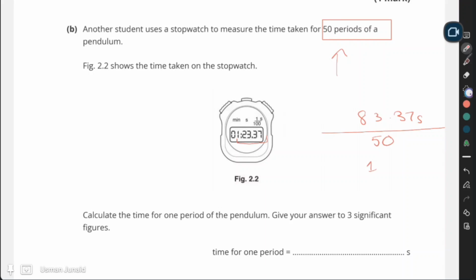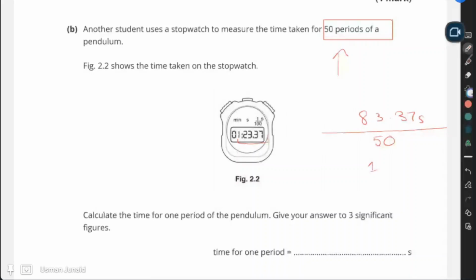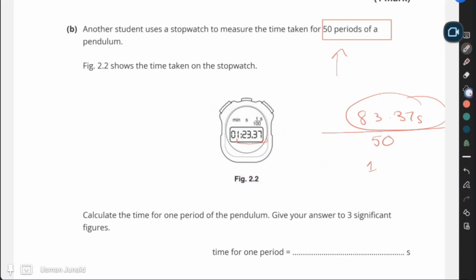What was it in seconds? 83.37 divided by 50.